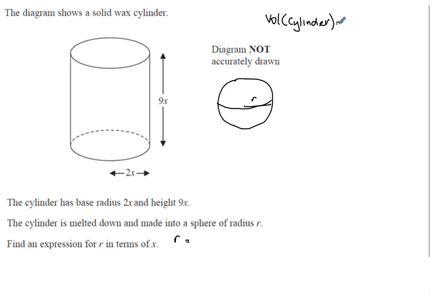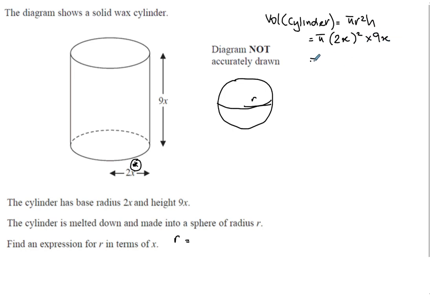The general formula is pi r squared h, which will be pi. Now again, this is where they test you. Because 2x is the radius, you've got to make sure you're putting the whole of the 2x in and squaring it. And then the height will be 9x.